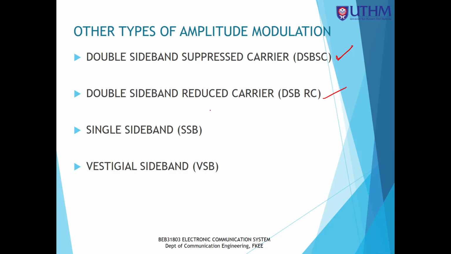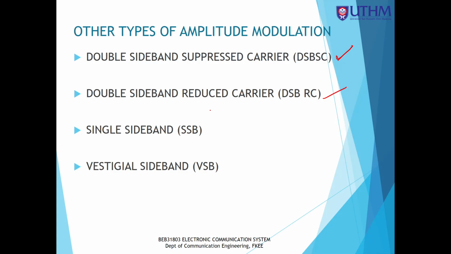Okay, and then for the single sideband, we have two options. Either we want to use with carrier. So with carrier, that means we have carrier, we have upper sideband, or we have the lower sideband, either one. We can have either lower sideband with carrier or upper sideband with carrier. So this is with carrier, WC. Okay, sorry. This is without carrier. So this is with carrier.